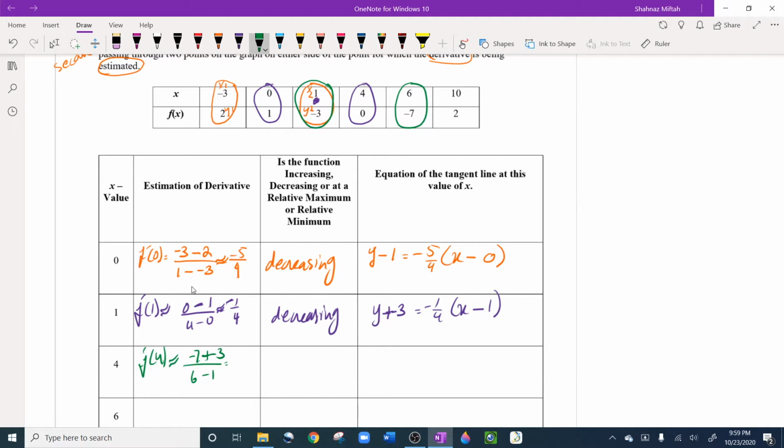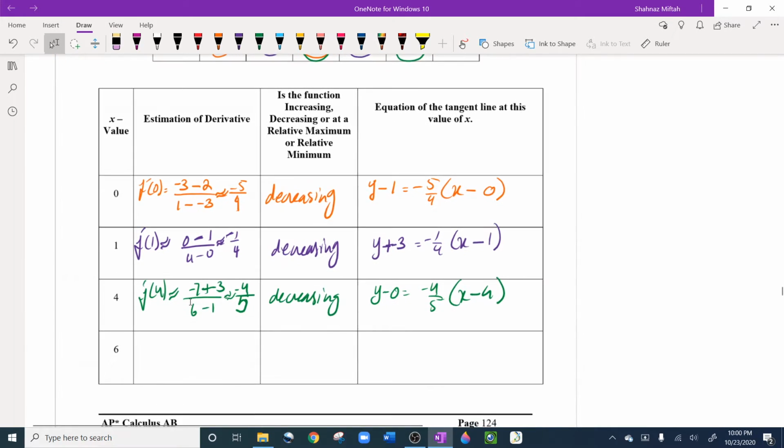So -4 over 5. That's my approximation. It's decreasing again. And my equation is y, what is the y value at x equal 4? It's 0. So y minus 0 equals the slope -4 over 5 times x minus 4. Done.